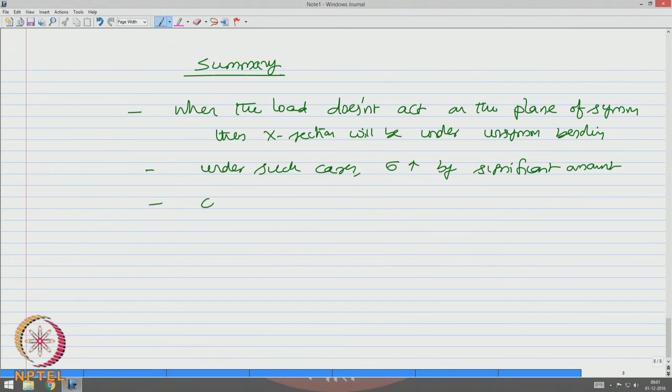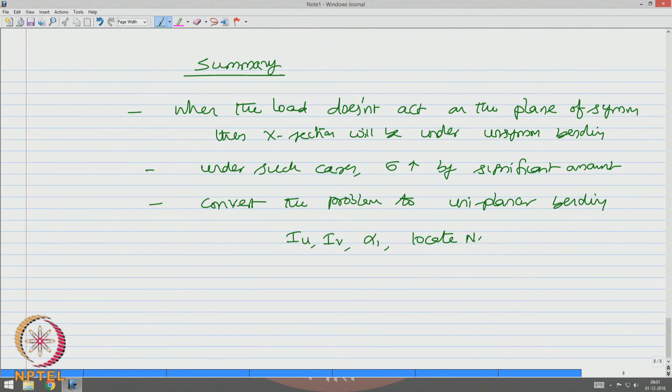To solve the problem, convert the problem to uniplanar bending by locating the principal axis, find alpha 1, then locate neutral axis by finding beta 1, then find stresses. So, which we explain with a couple of examples. Thank you.